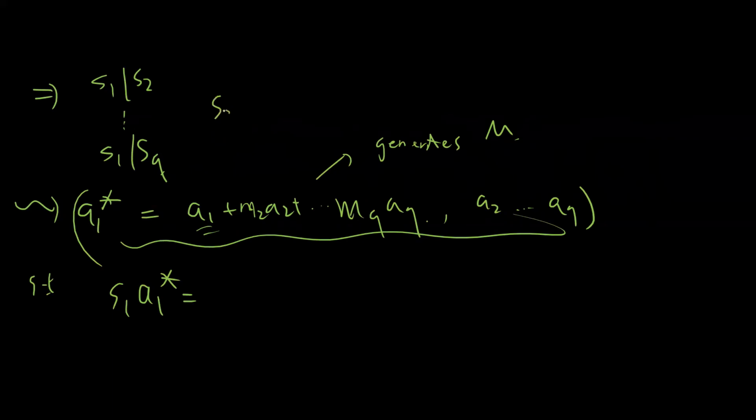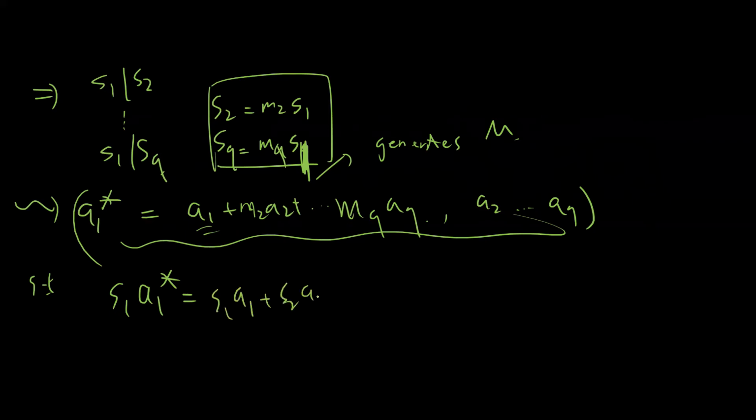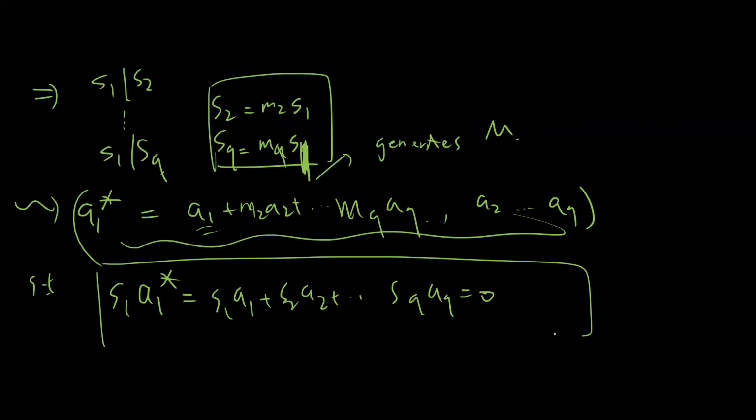By the way, S2 is M2 S1, and SQ is MQ S1. So S1 times A1 star will be S1 A1 plus S2 A2 up to SQ AQ, which is 0, right? Nice.